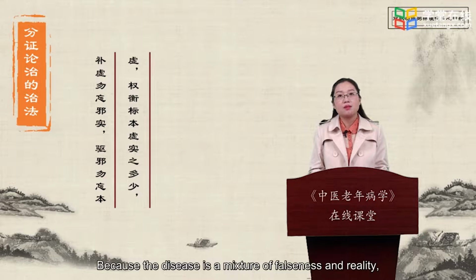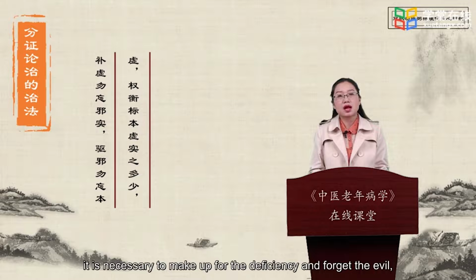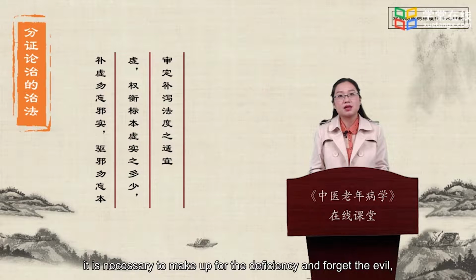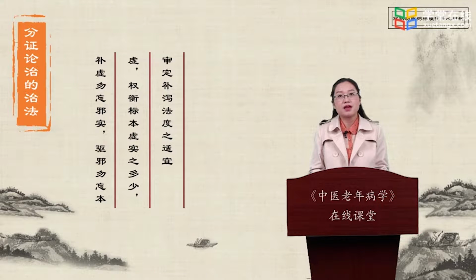Because the disease is a mixture of deficiency and excess, it is necessary to make up for the deficiency and expel the evil. Exorcise the evil and do not forget the true and false.